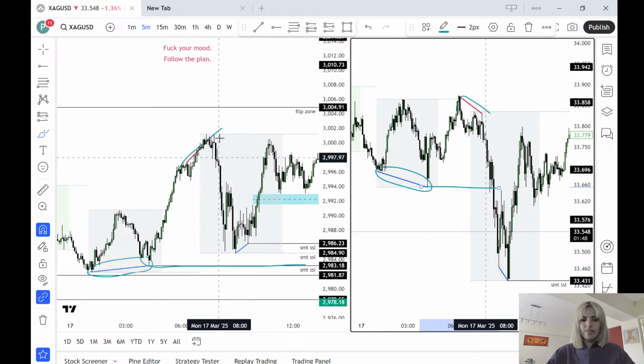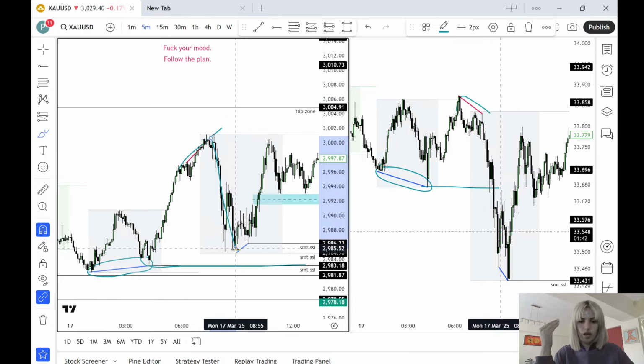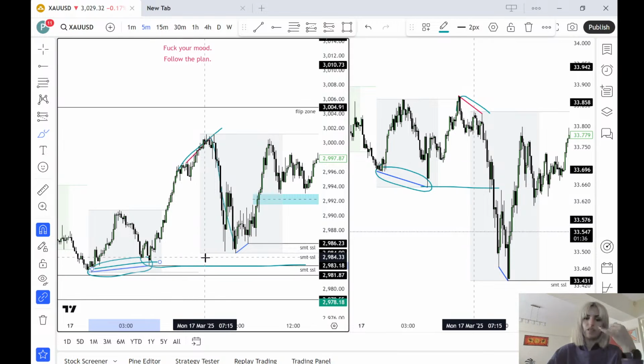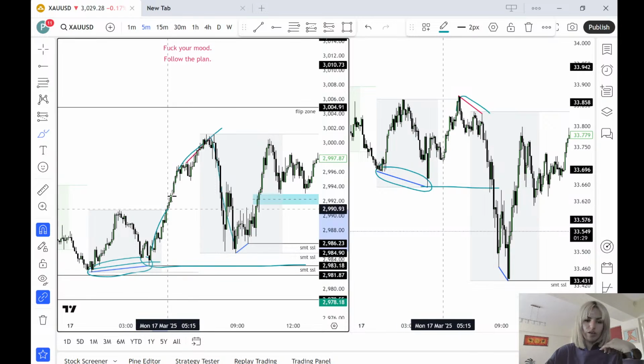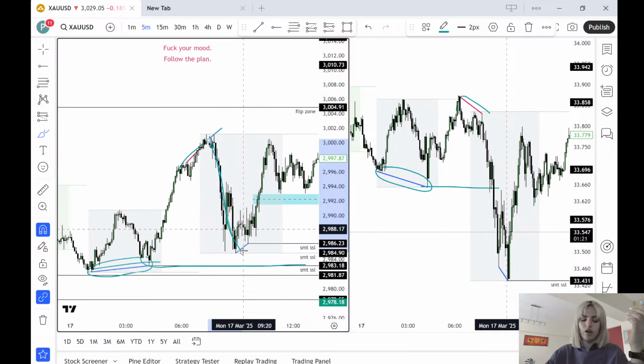If I see gold starting to push down, I'm thinking the only two reasons price wants to go down are either to take sell side liquidity, which I have right here at the lows of the SMT, or because it wants to rebalance an old imbalance, a bullish fair value gap from that push to the upside, and then it just wants to continue to push higher. In that case, this push to the downside on gold is a manipulation.